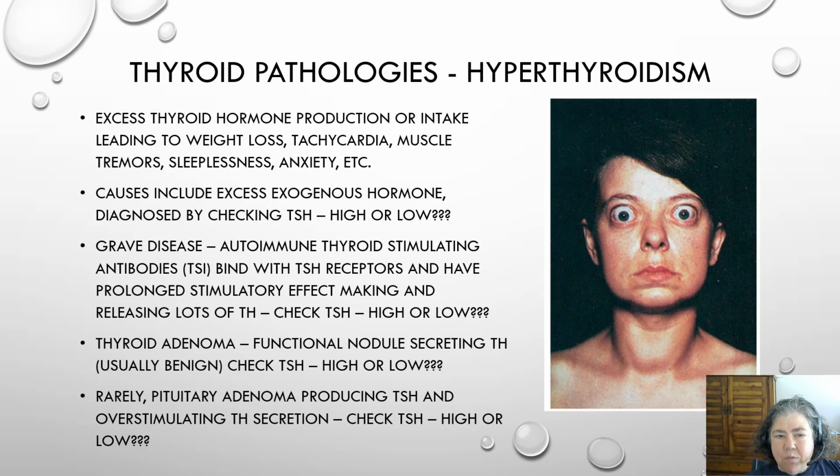A common one is exogenous hormones. So sometimes people are taking more thyroid hormone than they need and become hyperthyroid. When this happens, if you checked a TSH, would it be high or would it be low? So taking in excess thyroid hormone, the TSH will be low.